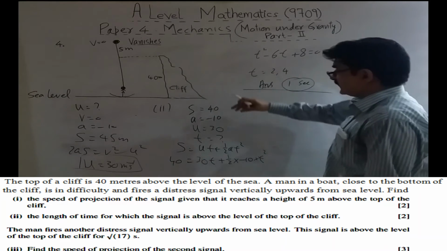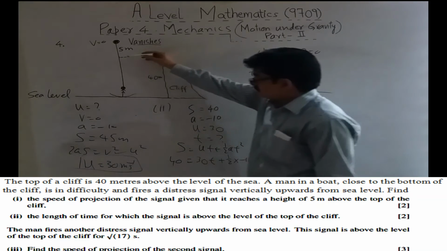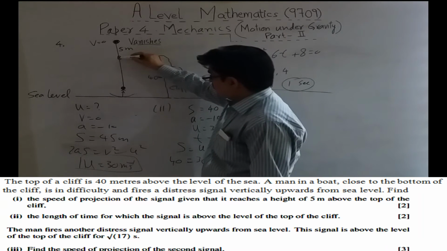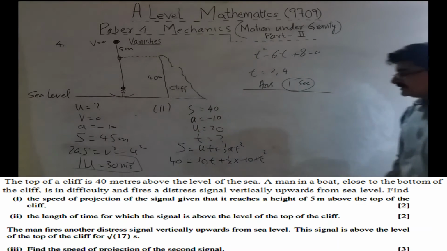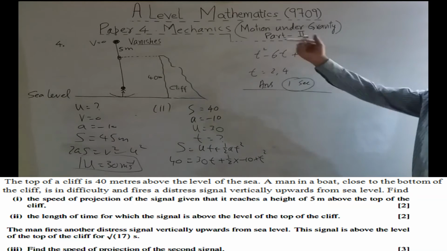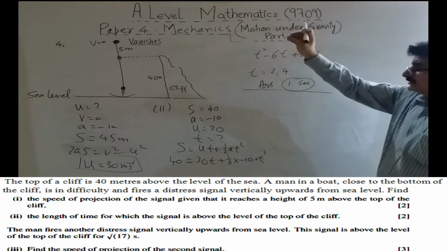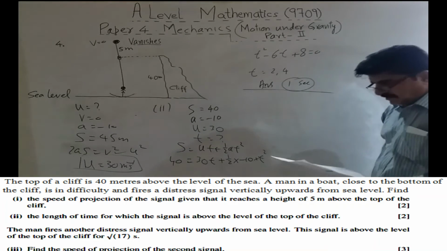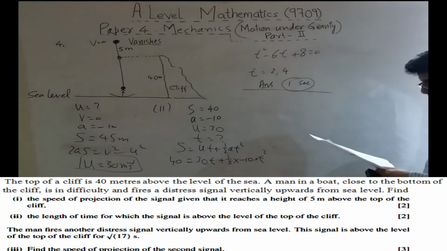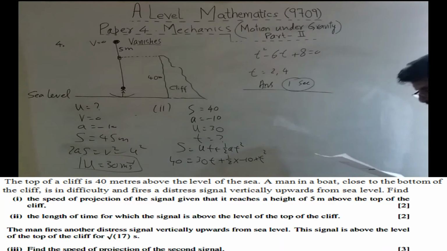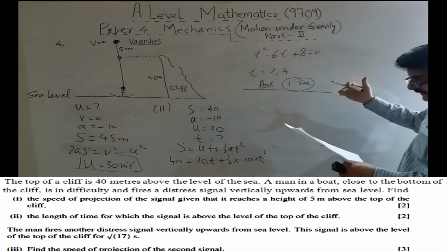So this is now the time from some point here, in going up and then coming down. So this time is included from the point to the highest position and then back to that point. This is the difference between the previous part and this part. We have to understand this. Now for the above the cliff only in upward motion.